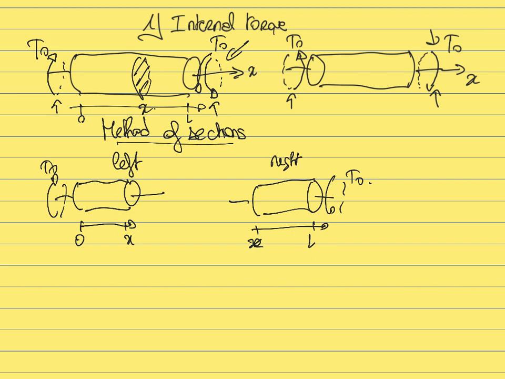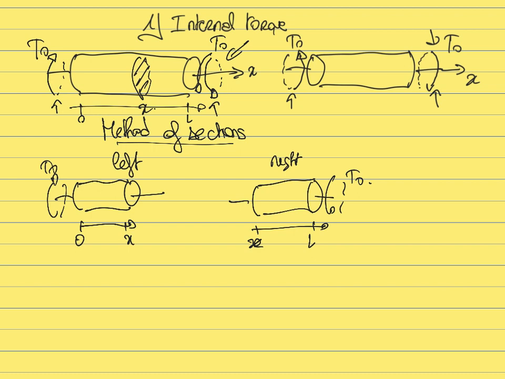Necessarily one will have a positive projection along the x-axis and one will have a negative projection along the x-axis. So we need to agree on the sign convention.